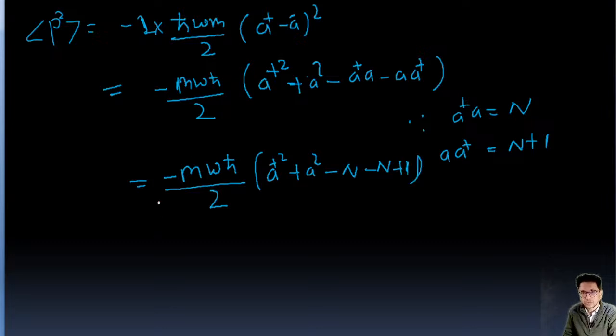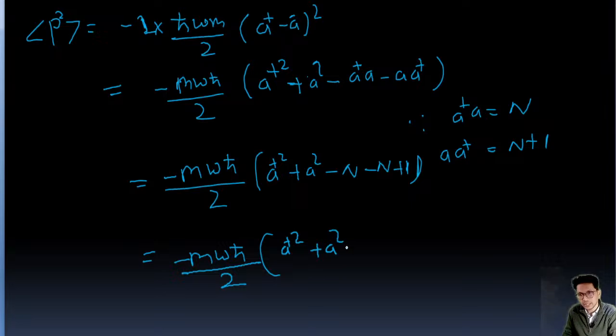Okay, so this value is going to be minus m omega h cut by 2 times a dagger square plus a square minus 2n plus 1. We can write this like this.